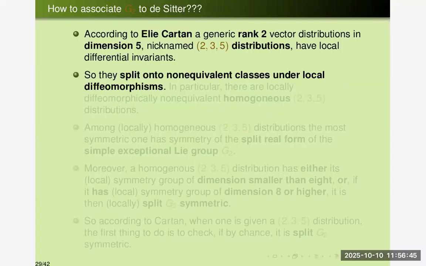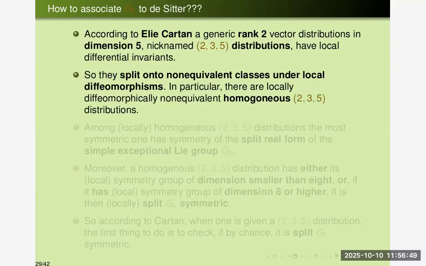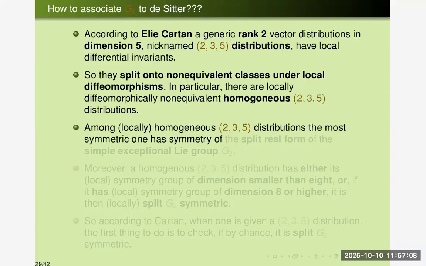Okay? In particular, there are locally diffeomorphically non-equivalent homogeneous distributions. So even if (2,3,5) distributions have symmetry, there could be ones that are locally non-equivalent. Okay, among locally homogeneous (2,3,5) distributions, there is the most symmetric one.